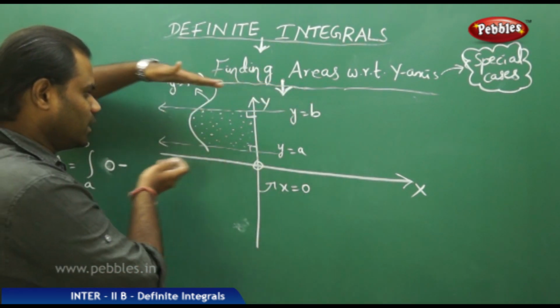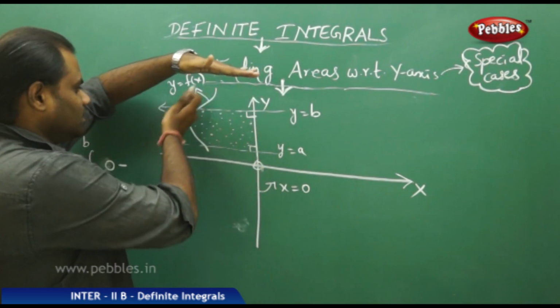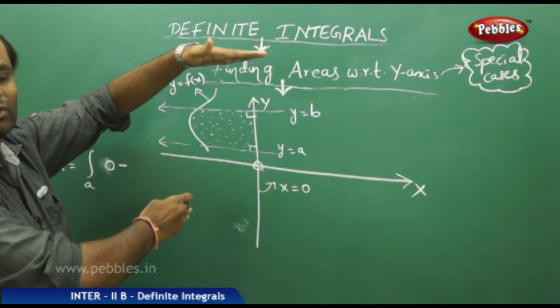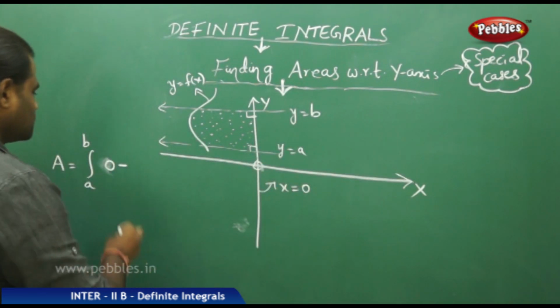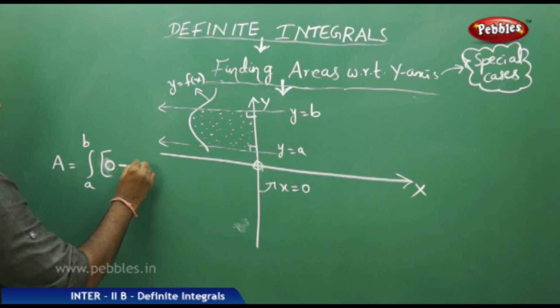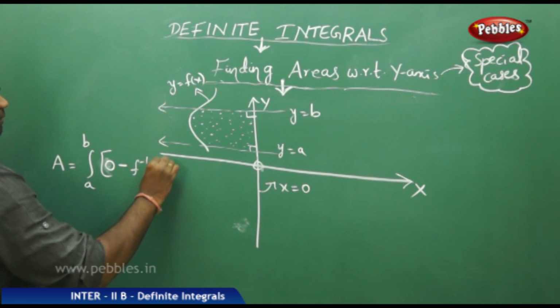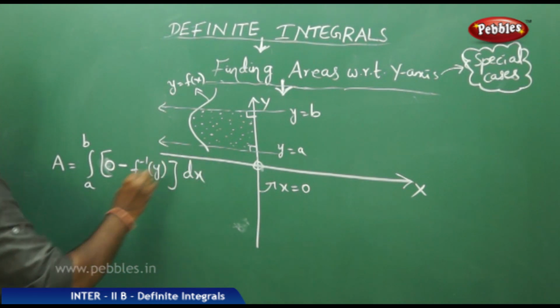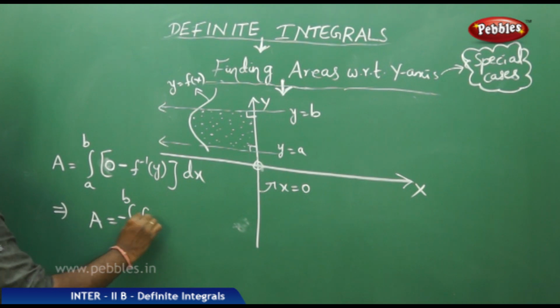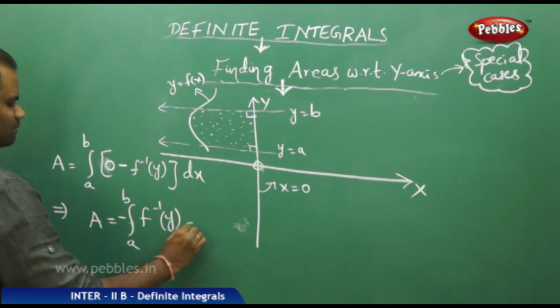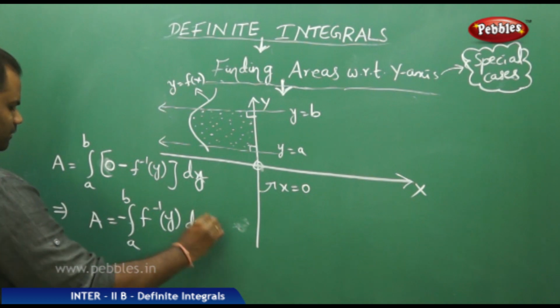As you see along the y-axis, this is the upper curve and this is the lower curve, because this is with respect to the y-axis. That implies area is integral a to b of minus f inverse y dy.